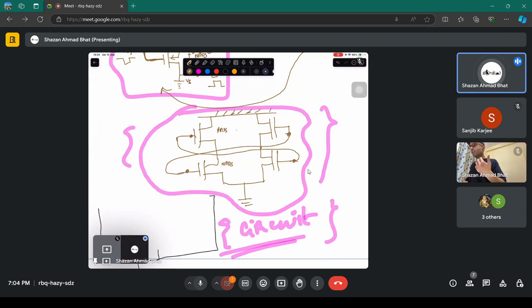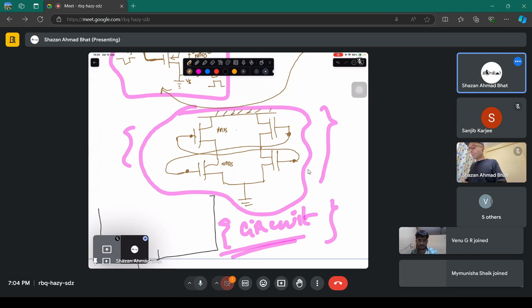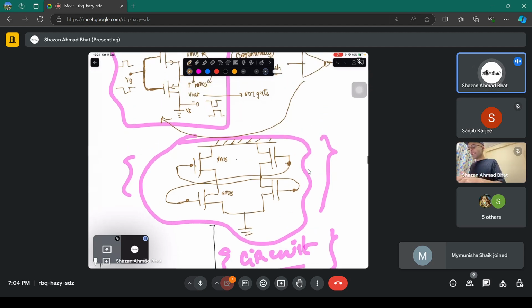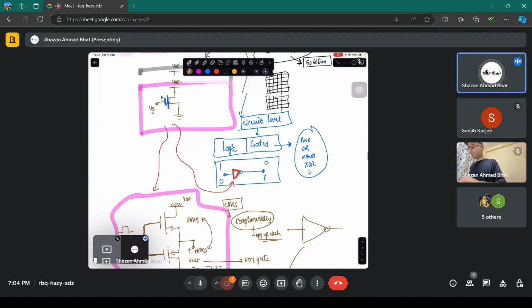We are giving it an analog signal, a continuous signal in time, and we are interpreting it as a discretized signal. Okay, that is a different story. But this is how you arrive at a CMOS circuit level from this MOSFET.